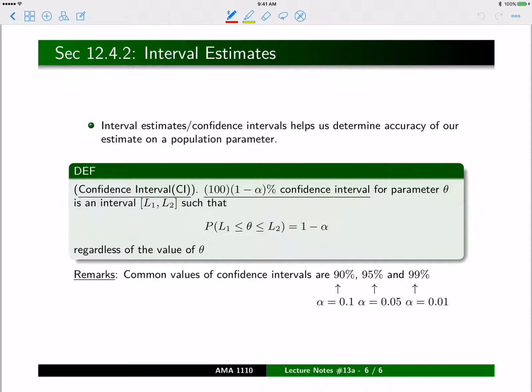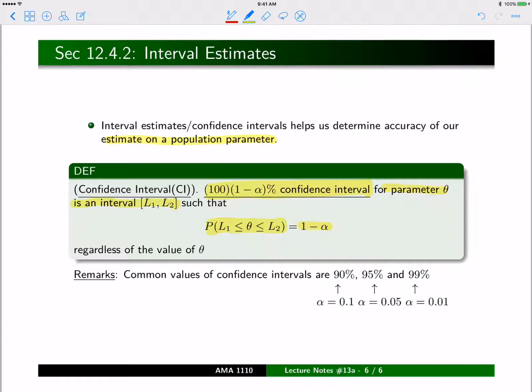So now we define what we mean by 100 times 1 minus alpha percent confidence. This is how confident we are in the estimation of the true population parameter. We say that we have 100 times 1 minus alpha percent confidence in the estimation of parameter theta in the following interval L1 to L2 if the probability that theta lies between L1 and L2 is 1 minus alpha.